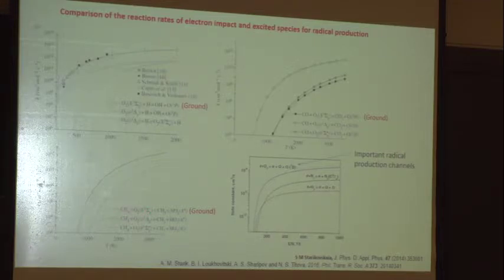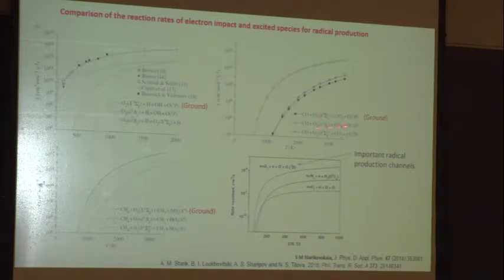So these two elementary reaction rates give you the possibility that you can control the branching reaction rate, and you can control the chain initiation reaction rate, by creating excited oxygen, O2 singlet delta, right, with 1 electron volt. 1 electron volt is not much energy.